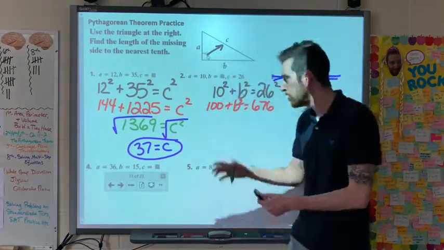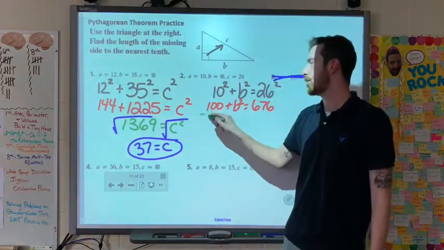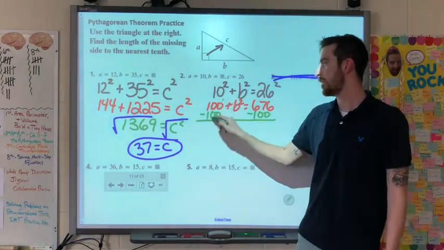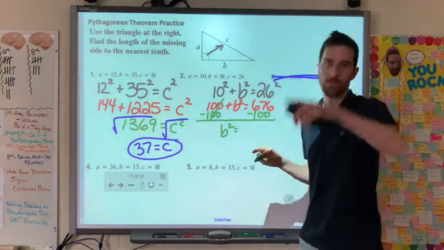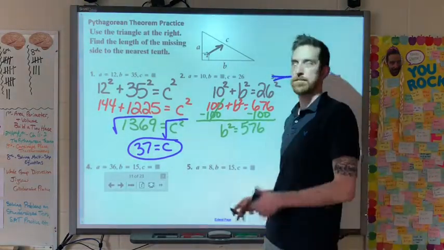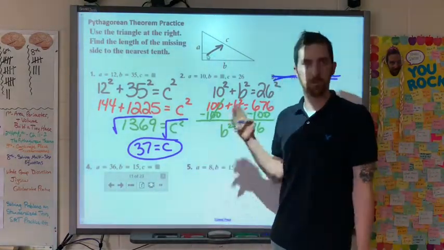Now, equations. How do we get rid of 100? We subtract 100 from both sides. These cancel out. We have B squared equals 676 minus 100. That's right, 576. And then this is going to be our last step pretty much every time. We get rid of squaring something by square rooting it.